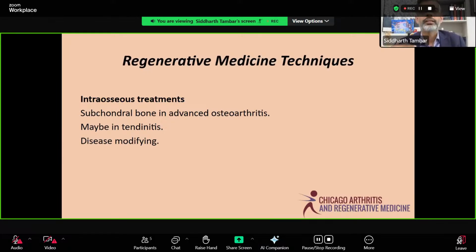There's some thinking that this might be partially disease modifying in that when you think about what's going on in the bone, you have stem cells in the bone that are supplying nutrients and blood flow to the cartilage as well. And so if you can treat that part of the organ system, right, you have a chance to give a more profound result. These are newer concepts, but progressively we are starting to move in that direction.